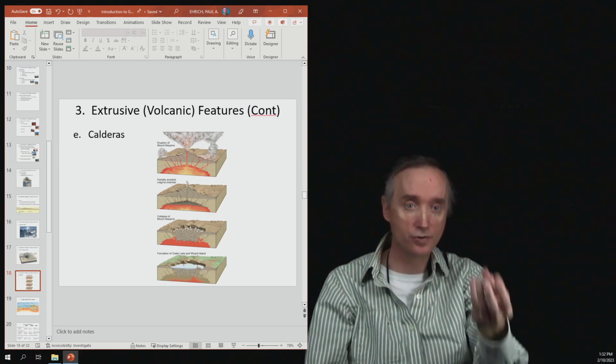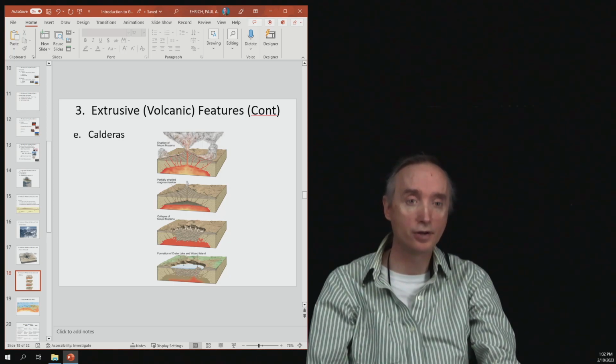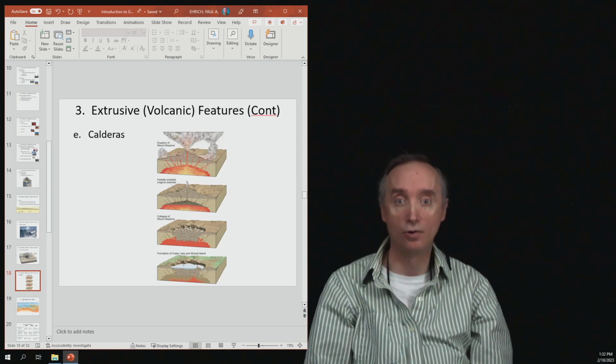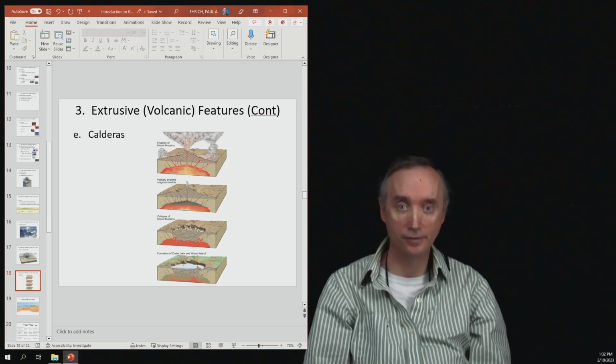But then when the water drains, what can happen is the weight of all the ground on top of it can cause it to collapse, and then we're going to call that a sinkhole. So notice that the sinkhole is to karst topography what the caldera is to volcanic topography.